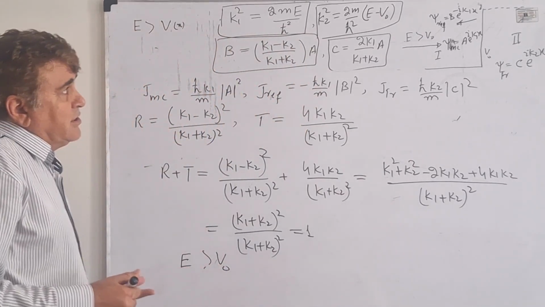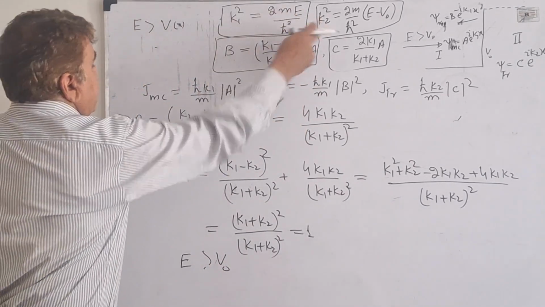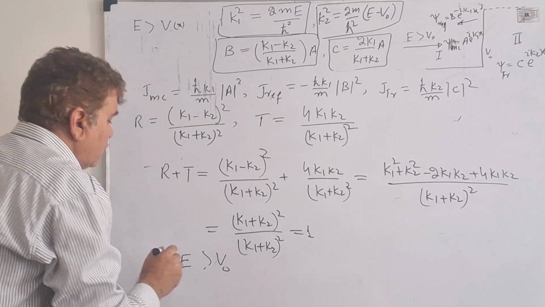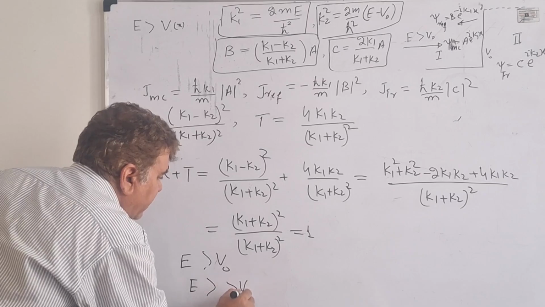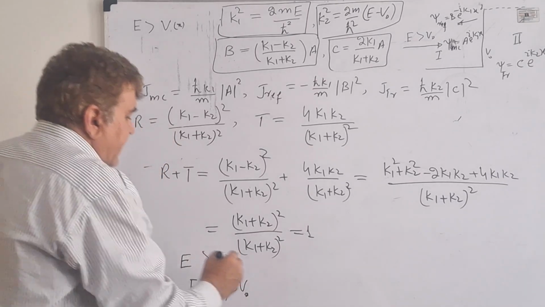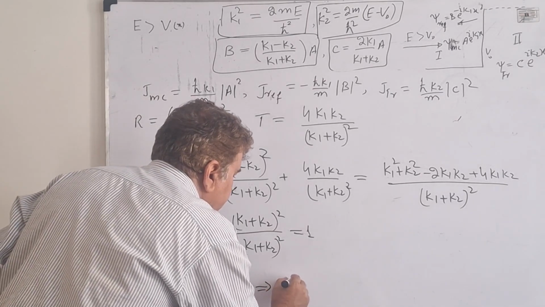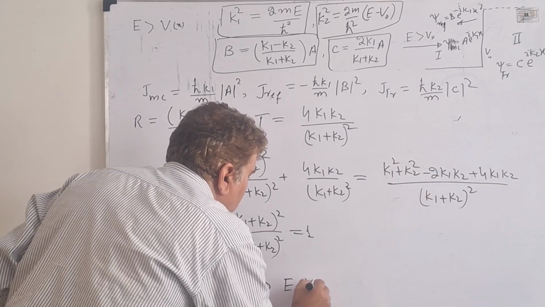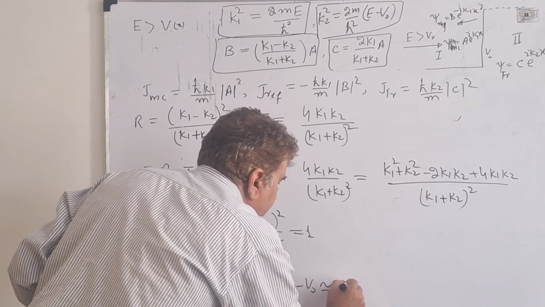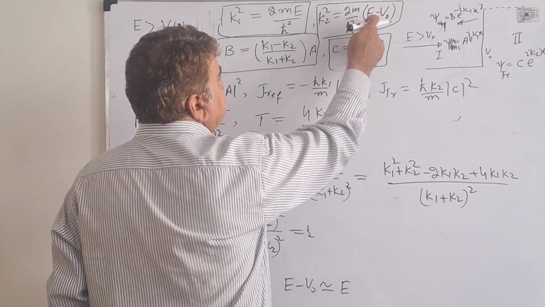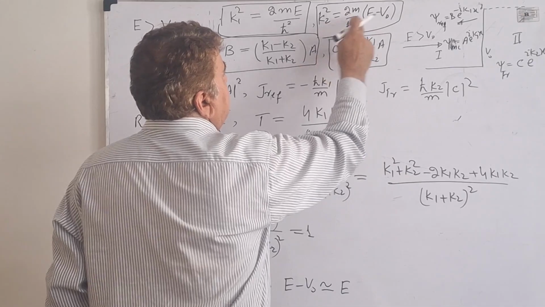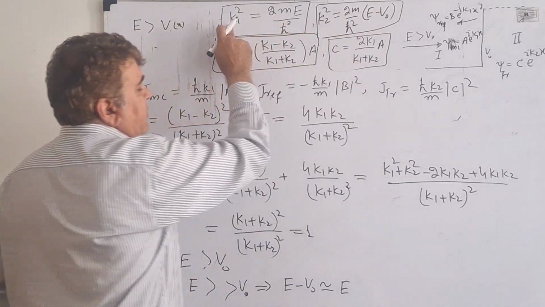There is another condition that we can put on these two equations and also on this result, and that could be E very, very large compared to V naught. If that's the case, then E minus V naught is approximately equal to E. If I put this value over here, then k2 reduces again to k1.